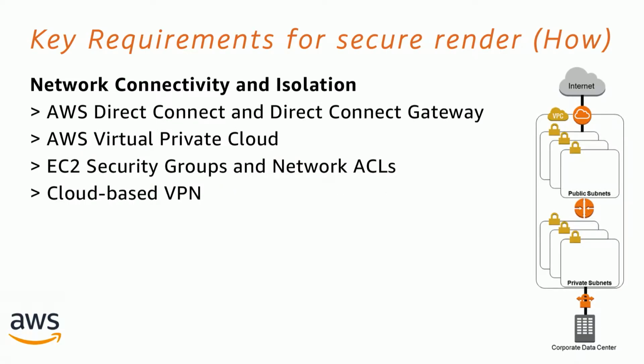So, key requirements for security: let's talk about network security, network connectivity and isolation. First of all, you can connect to your resources within AWS through either AWS Direct Connect and Direct Connect Gateway. Direct Connect is a way for you to connect from your physical location over to AWS over a dedicated network pipe.